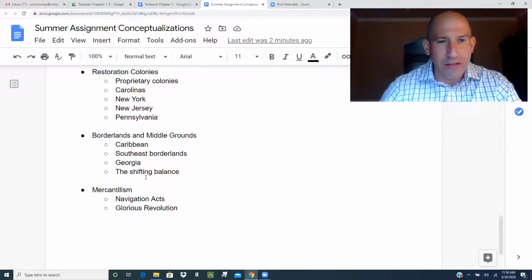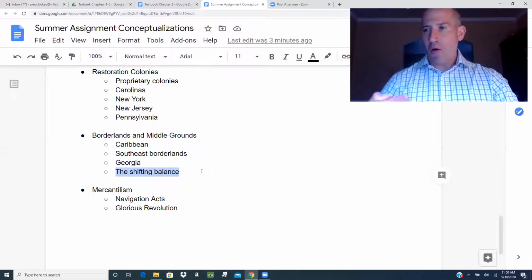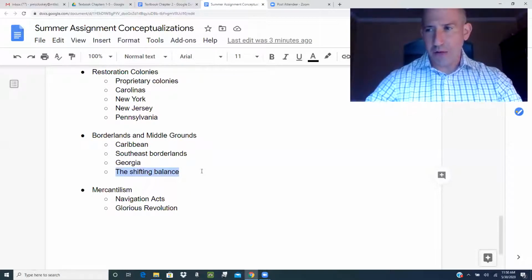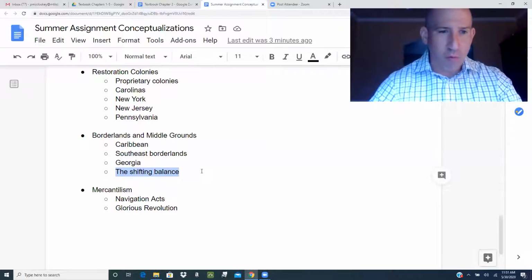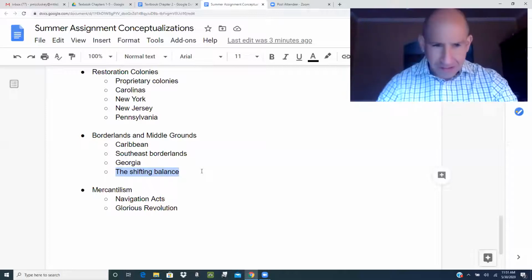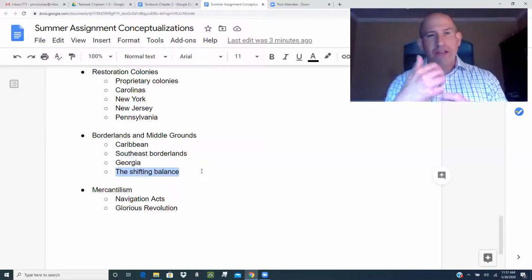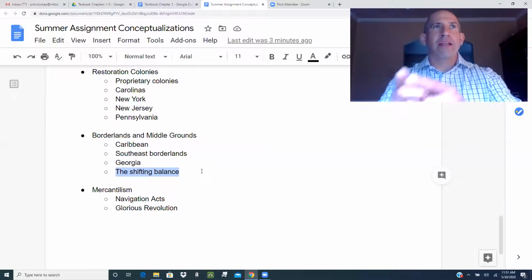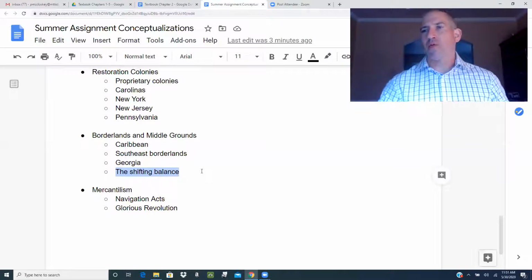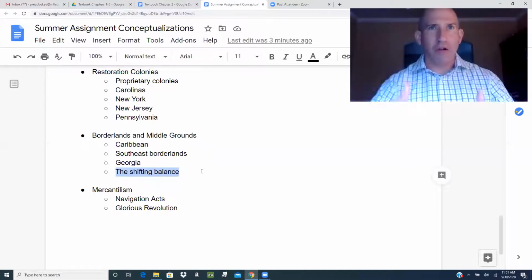And then, as they talk about the shifting balance of how in certain areas, Indians become increasingly marginalized at best, exterminated at worst. And then the last thing is, as it talks about the Restoration, James II, who's the last of the Restoration monarchs, really tries to reel in the colonies.